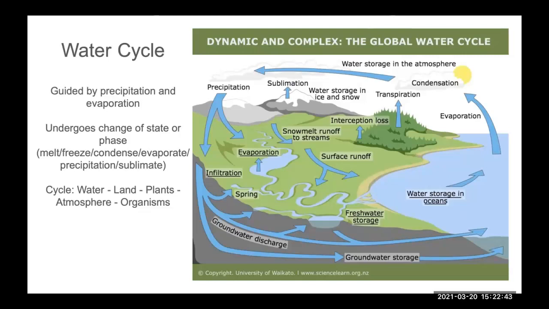This cycle goes between water and the land and the plants that use water and the atmosphere and the organisms that use water. So plants not only take up water, they also give it off through a process called transpiration.